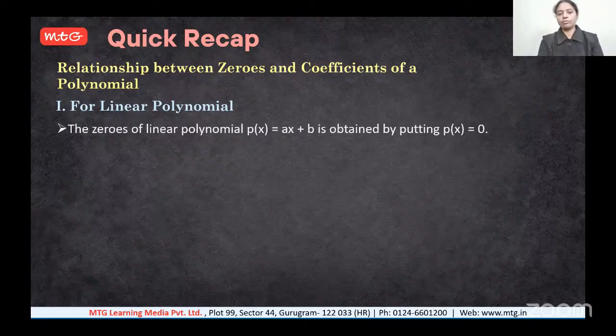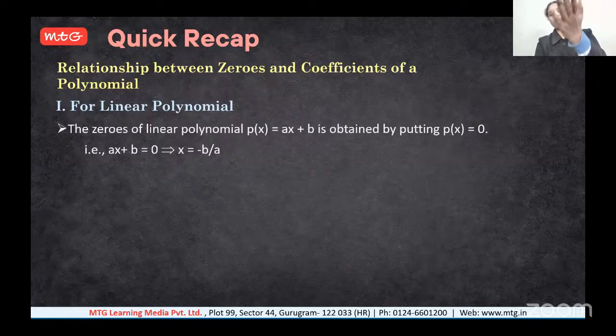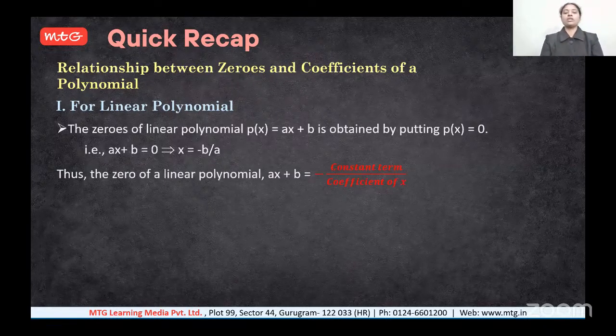If you equate ax plus b equals 0, you will get x equals minus b by a. So minus b by a is the value of x for which this polynomial becomes 0. So the zero of a linear polynomial ax plus b is nothing but its constant term divided by its x coefficient, preceded by a minus sign.